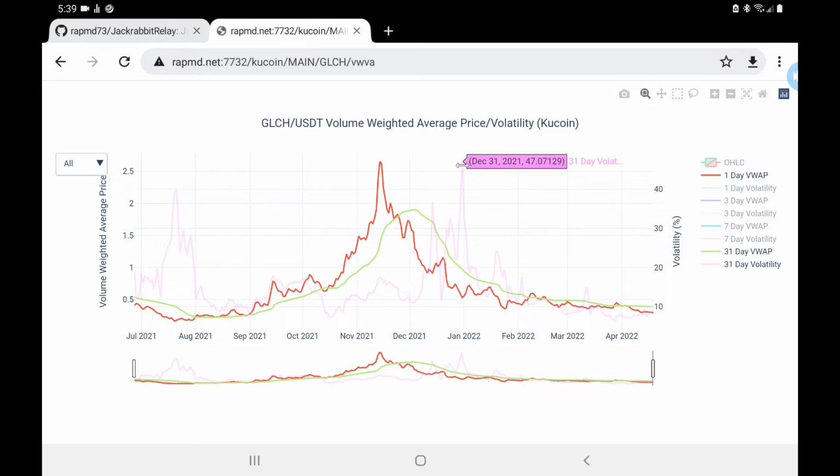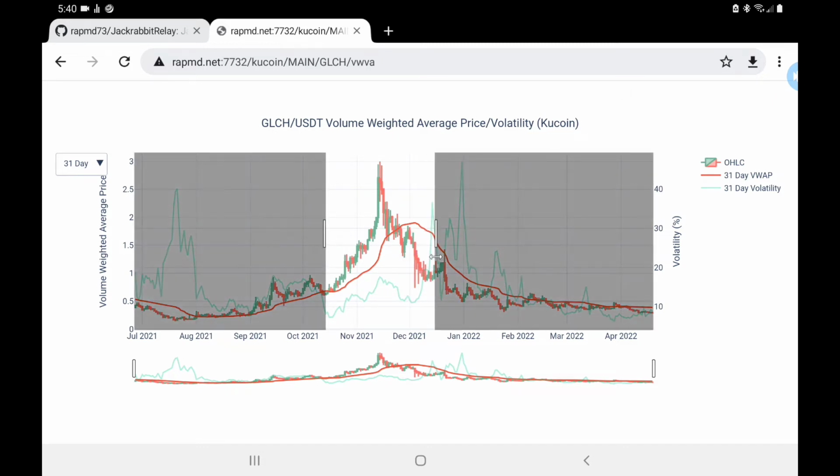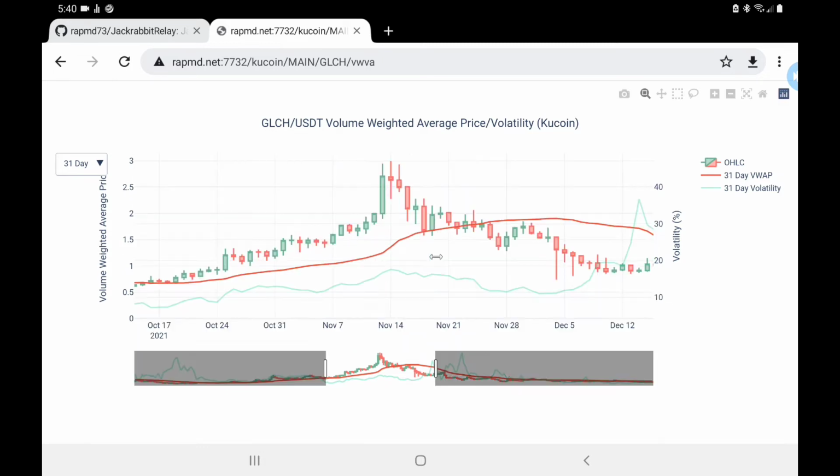It reached a high point. So you can mouse over all of this information, click on various points, zoom and scale it in, or just pick specifics to look at the information that you truly are interested in. For example, let's look here. When Glitch actually reached a high of $3.